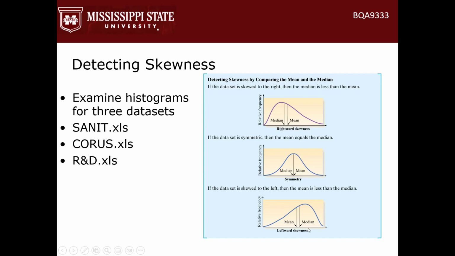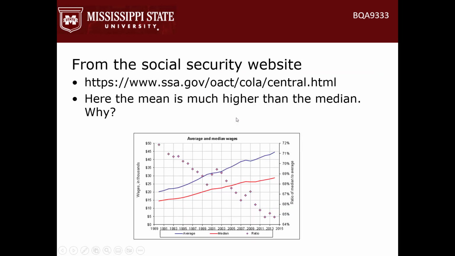That person is not going to affect the median very much because it's one person to the left, but it is going to quite strongly affect the mean when all the other values are in the 80s and 90s.